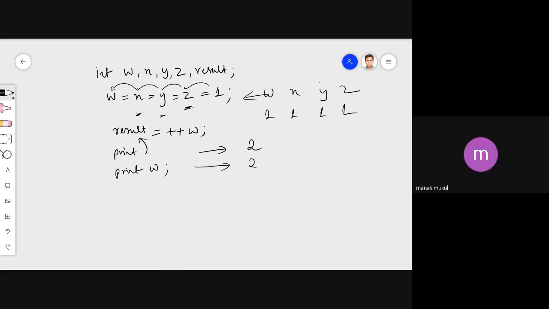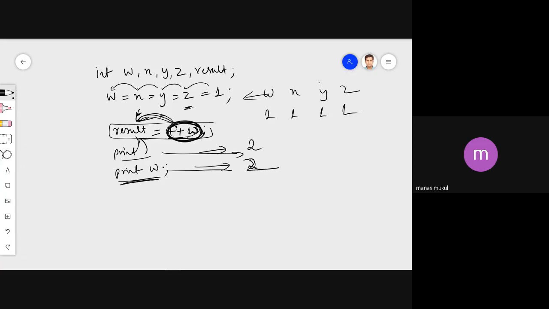Because it's the increment operator. What is going to happen is in this expression, it is going to first increment the value of W and then pass it here. That means the value of W becomes 2 and then this is transferred into result. So when I print the result, I'm getting 2 and also the value of W will be 2 because it has already changed here.